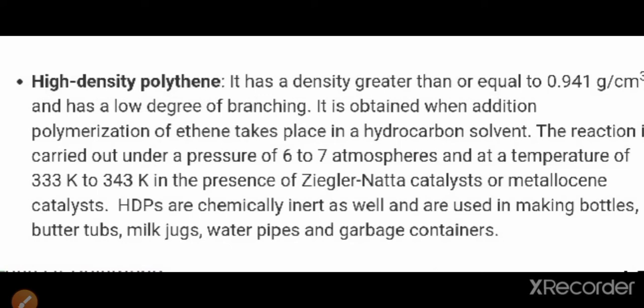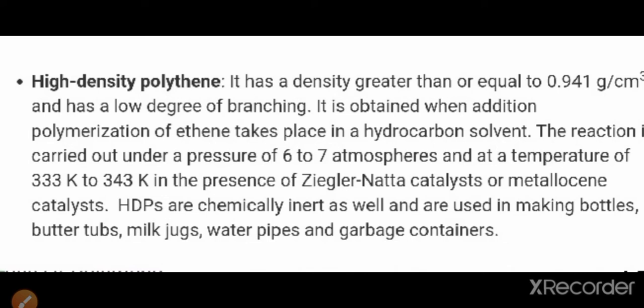It is obtained by addition polymerization of ethene in a hydrocarbon solvent, and the reaction is carried out under a pressure of 6 to 7 atmospheres in the temperature range of 333 Kelvin to 343 Kelvin using Ziegler-Natta catalyst or metallocene catalyst.